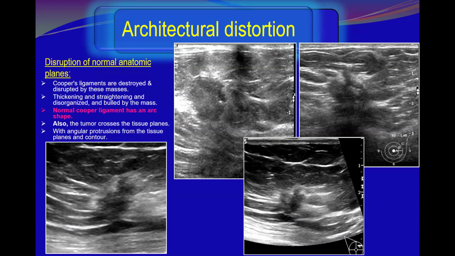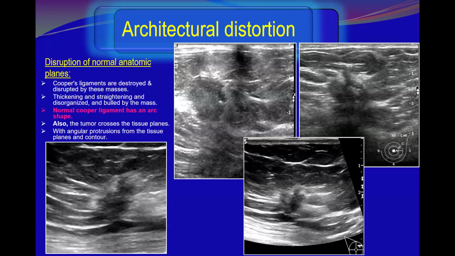this distortion, architectural distortion or disruption of normal anatomic planes, with predominantly Cooper ligament changes, destroyed and disrupted by these masses. If you look here, you can see how they are thickened, straightened, and disorganized, pulled by the mass, pointing toward the mass. Again, same here, and look here, they are tethered and pulled toward the mass in almost 4 examples.